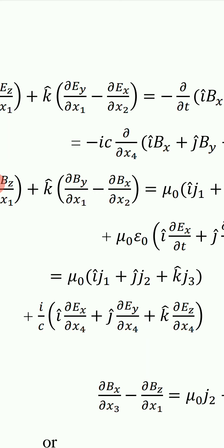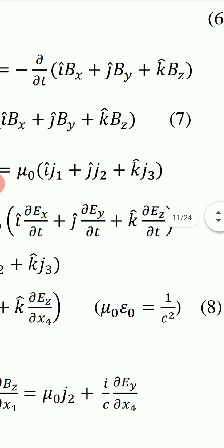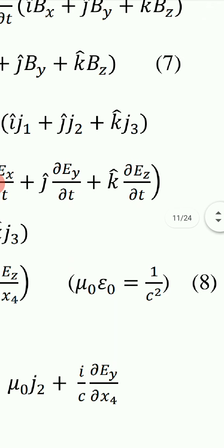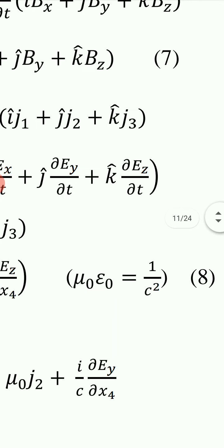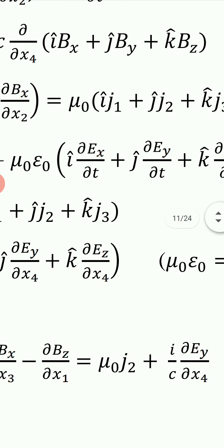So here in second term of right hand side we have used the relation that mu 0 epsilon 0 is equal to 1 upon c square. C is speed of light and speed of light c is equal to 1 upon under root mu 0 epsilon 0. So 1 upon c square is equal to mu 0 epsilon 0.